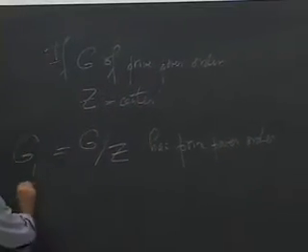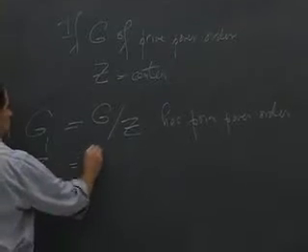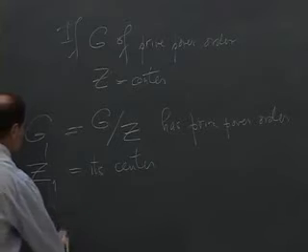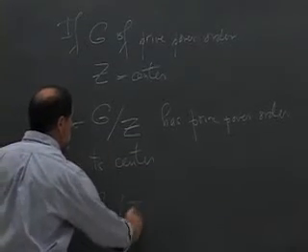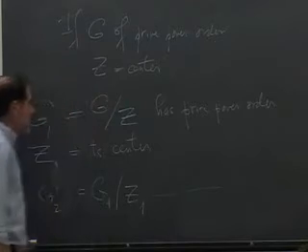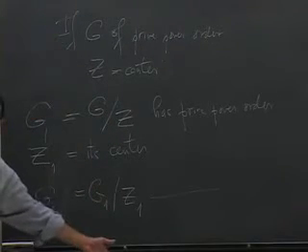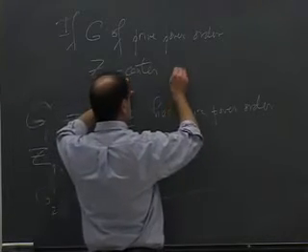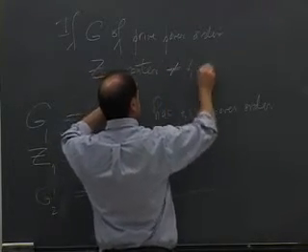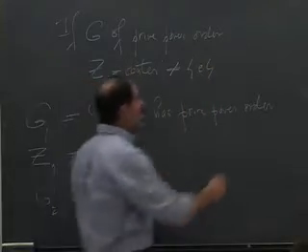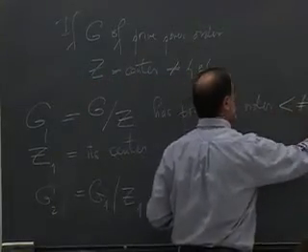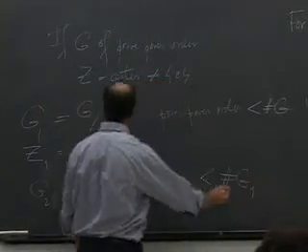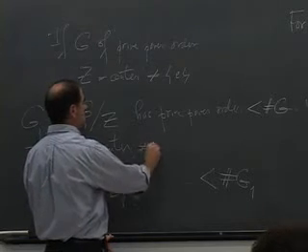And therefore, it has a non-trivial center. And then you make the next quotient, G2 is equal to G1 mod Z1. Same thing, continue down until you get to the trivial group. You're getting to a strictly smaller group each time, because this center is not equal to the identity element. So this has prime power order less than the order of G. And this has prime power order less than the order of G1. Same principle. Its center is not equal to the identity.